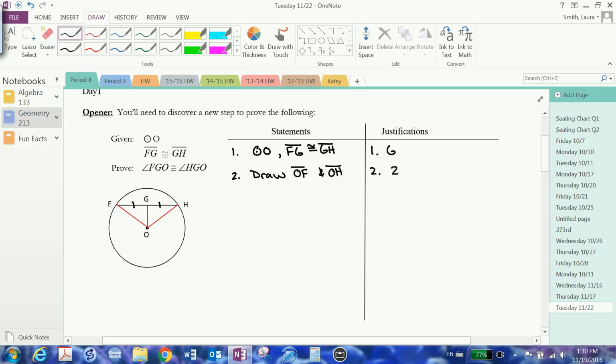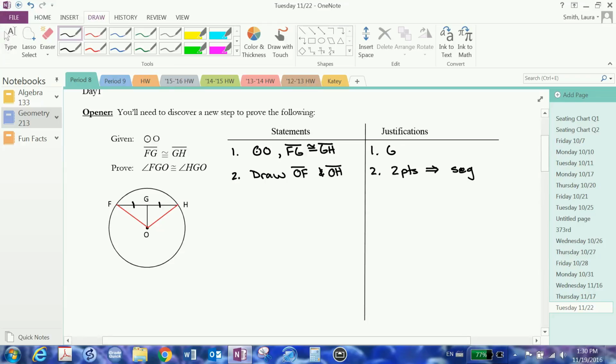And the reason is 2 points determine a segment, because in this case we drew in segments. Some people do it this way. Just show you. 2 points implies that I have a segment. Either way, I'll take either one.